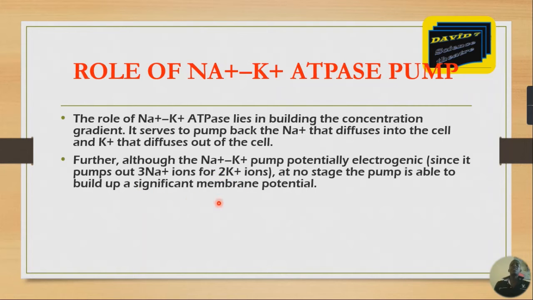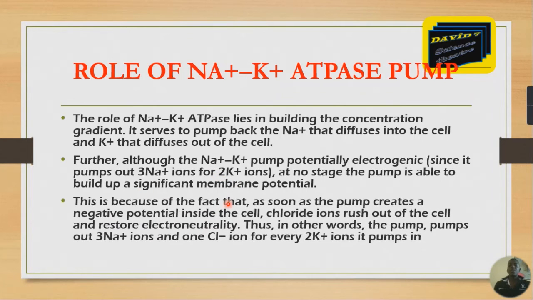Yes, there is no significant membrane potential, because as the sodium potassium pump is actively pumping out 3 sodium, okay, a chloride ion will rush out of the cell and restore the neutrality.